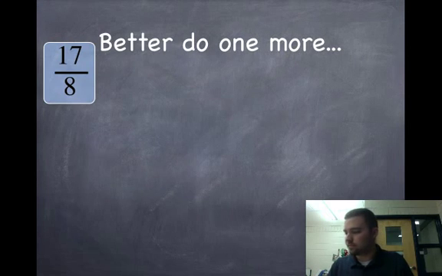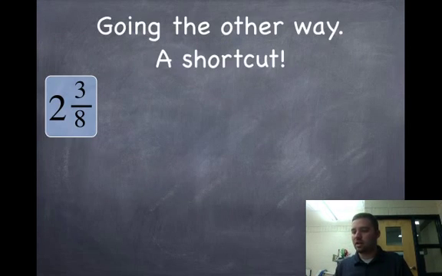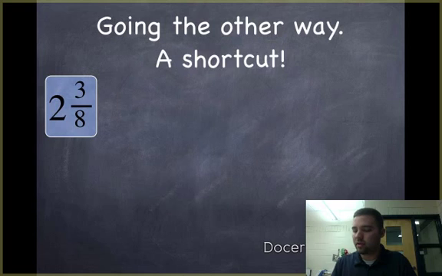All right, let's go to the next one. Going the other way, let me show you a little shortcut. Let's say we start with a mixed number. It's a mixed number because I've got a whole number and a fraction playing together, 2 and 3/8. Suppose I wanted that to be an improper fraction. Sometimes that's really helpful. Here's the process. I take my whole number 2 and multiply it by 8.